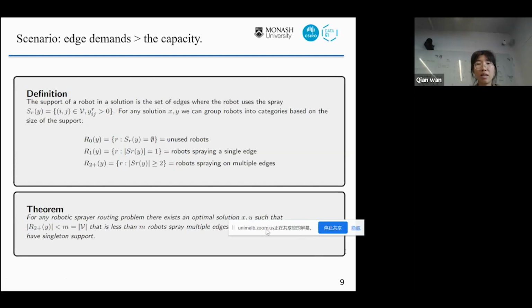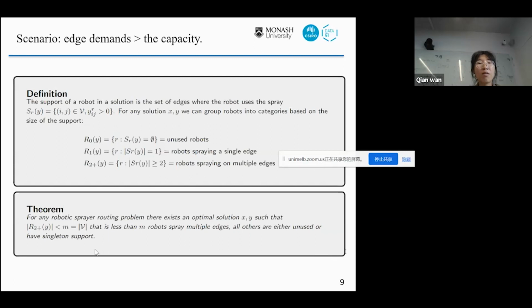And then we have a theorem here. For any robotic sprayer routing problem, there exists an optimal solution x, y such that the number of multiple-edge robots is less than the number of demand edges, and the remaining robots are either unused or singleton robots.